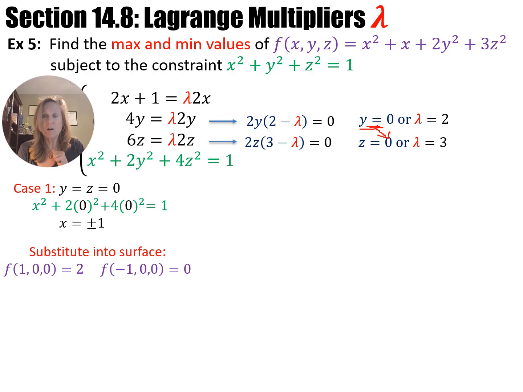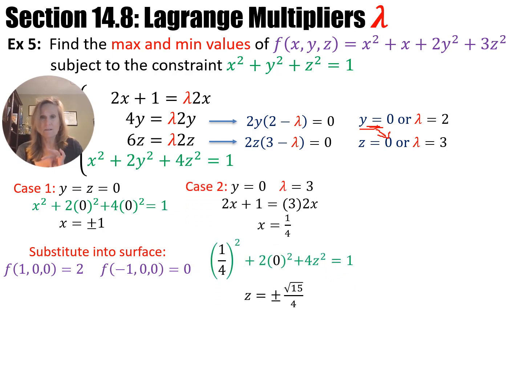Because if y is 0, z could be 0, which we took care of, or lambda could be 3, right? So let's take care of that case. If y is 0 and lambda is equal to 3, this time I went back to the first equation and said, oh, I need to solve for an x, so that I can plug 2 values into the constraint system and solve for 1.